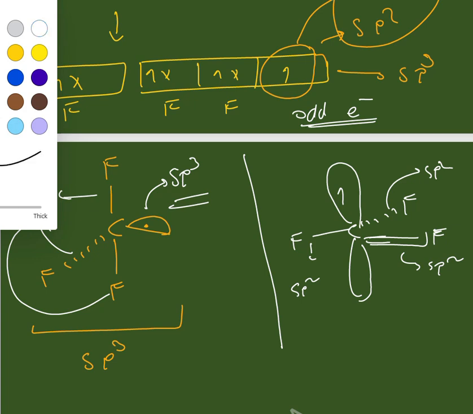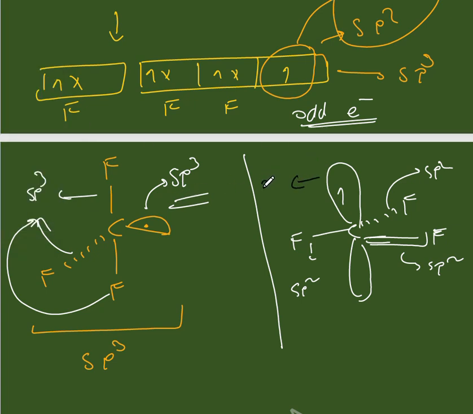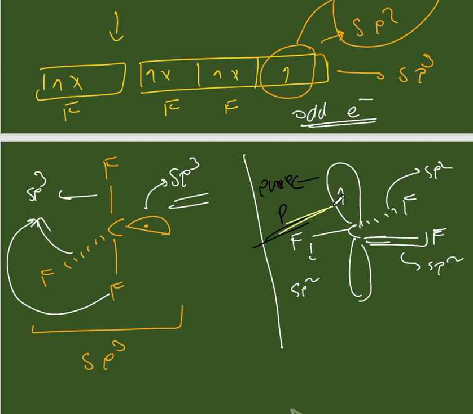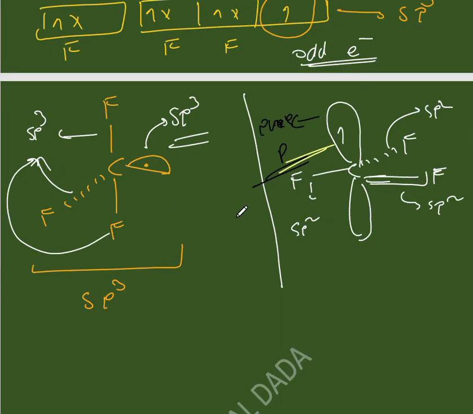And this, on the contrary, instead of being an sp3 hybrid orbital, this is a pure p orbital. Understood? This is a pure p orbital. Fine. Okay.